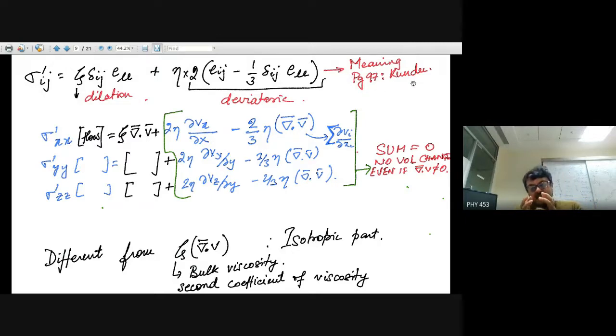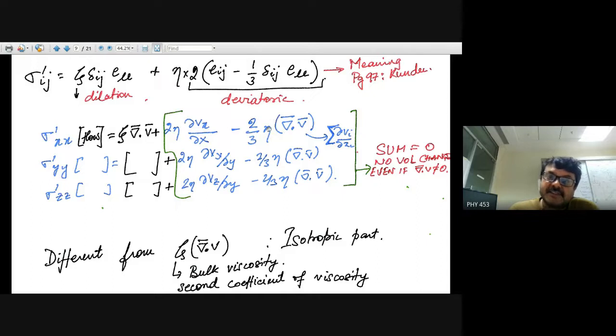And if there were diagonal terms of the strain tensor, right, this would basically mean an average over del Vx del x, del Vy del y, del Vz del z. So there's volume change in different directions, and the stress contributes over and above that.